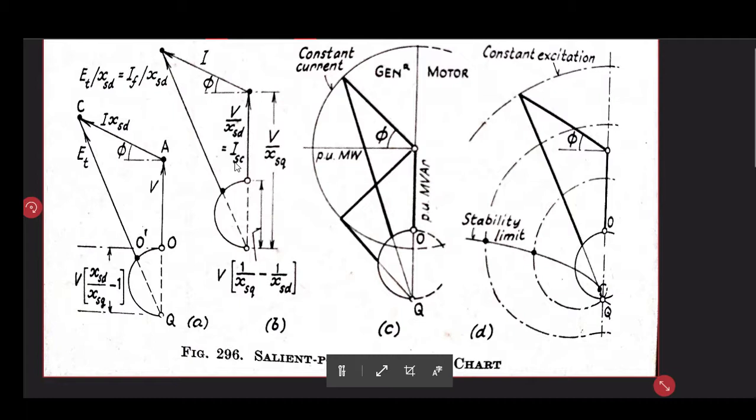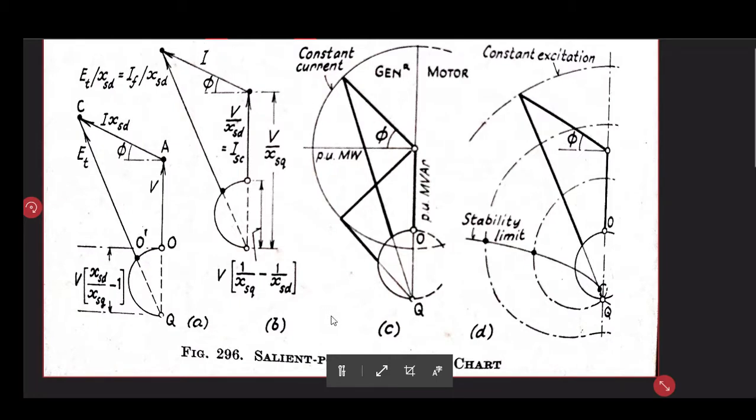So once we divide everything by Xsd, it gives us these values. Now see this is the difference between these two that we are getting here, and Et is also proportional to If, so it is If by Xsd.